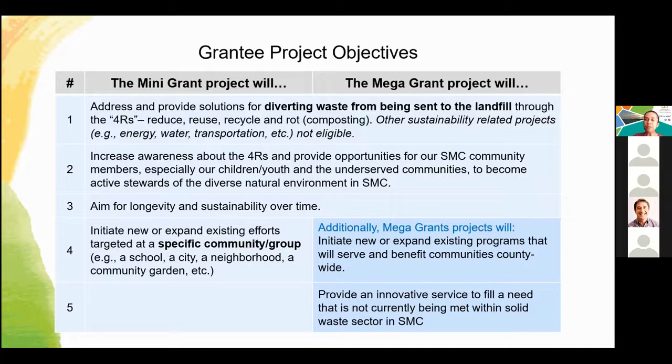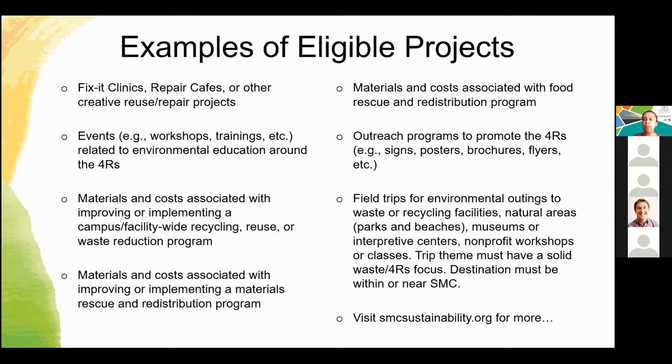A couple of differences between mini and mega grant funding is that mini grants can target specific communities or groups, while mega grants should aim for county-wide impact. Strong consideration will be given to mega grant projects that provide an innovative service that fill a need not currently being met by the solid waste sector in San Mateo County. The 4Rs grants have funded a diverse array of 4Rs projects over the years.